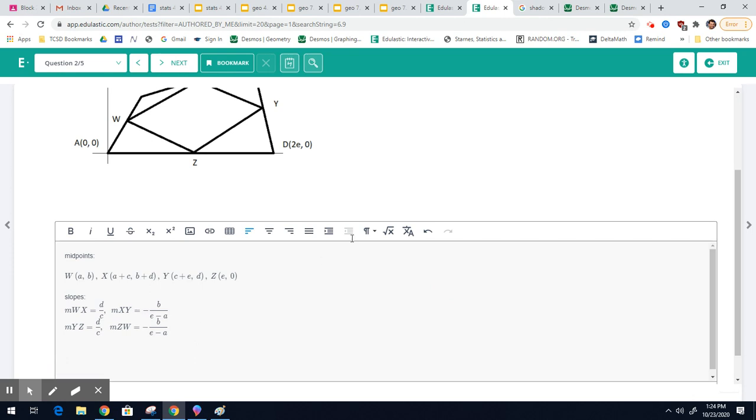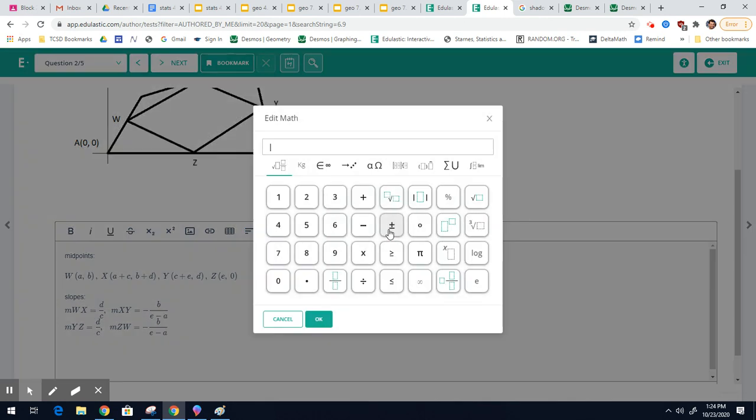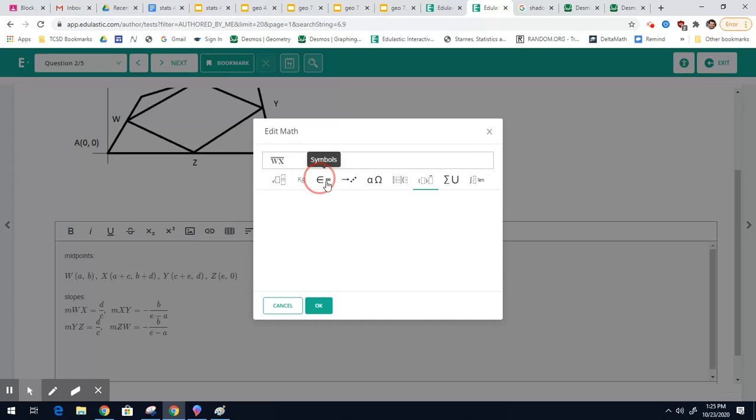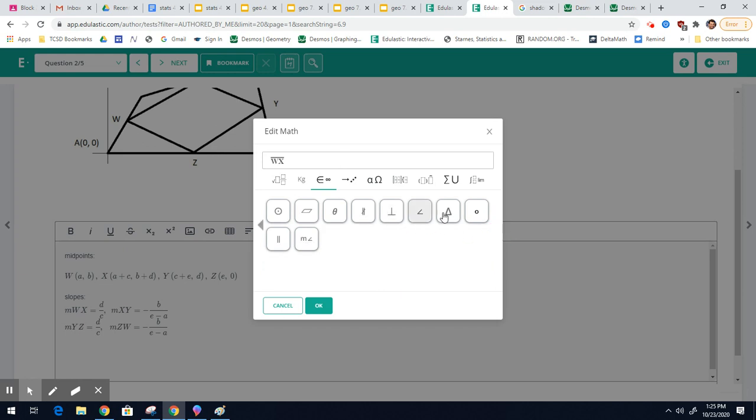So what does this show? This shows that segment WX is parallel to segment YZ, and segment XY is parallel to segment ZW.